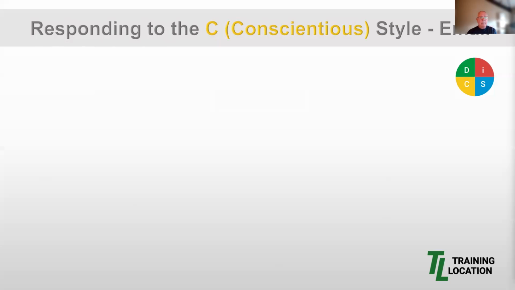Also, when receiving an email, the C style looks for detailed and complete responses to ensure accuracy and may continue replying with their own confirming messages or ideas or questions until that point is reached. Now, this can potentially and unintentionally conflict with other styles.